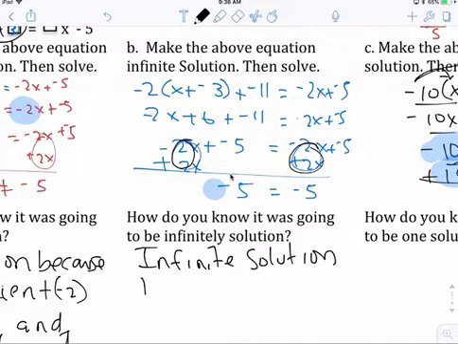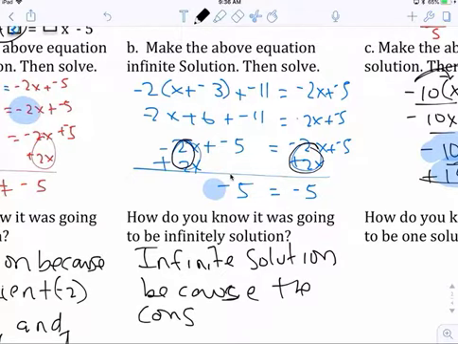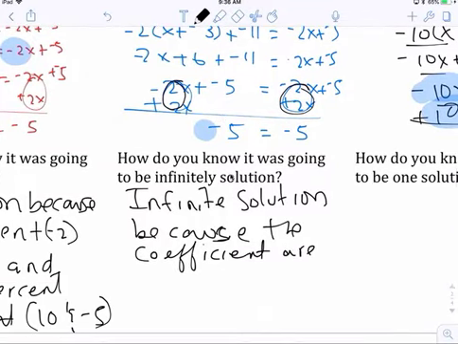Infinite solution because the constant, no, the coefficient, sorry, are the same and the constant, I need to put the number in, bad Miss Wilcox, right?